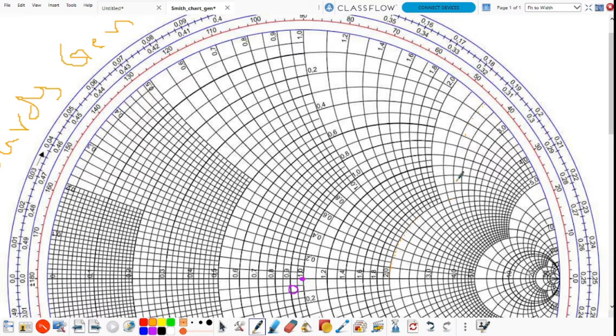Mark the 2.4 reactance value, and this is point P. This point P is the normalized load impedance, z_r equal to 2 plus j2.42.